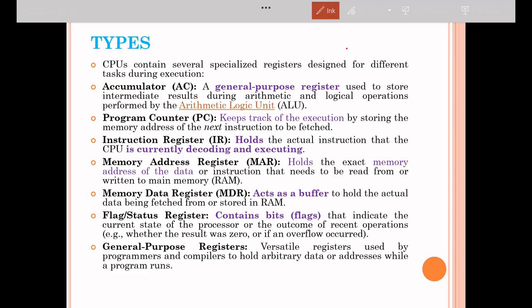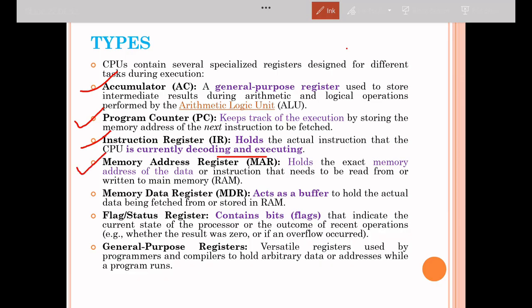So the types are: first, the accumulator. This accumulator is a general purpose register. Second is the program counter. It keeps track of execution by storing the memory address of the next instruction. Third is the instruction register. It holds the actual instruction that the CPU is currently decoding and executing.